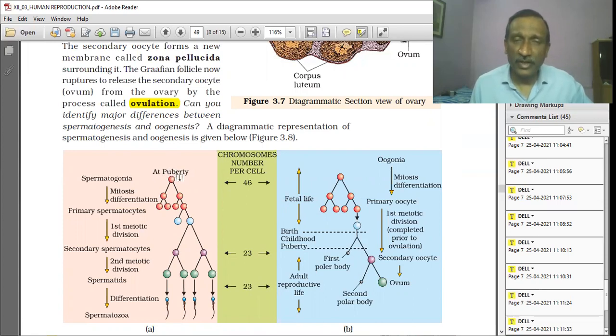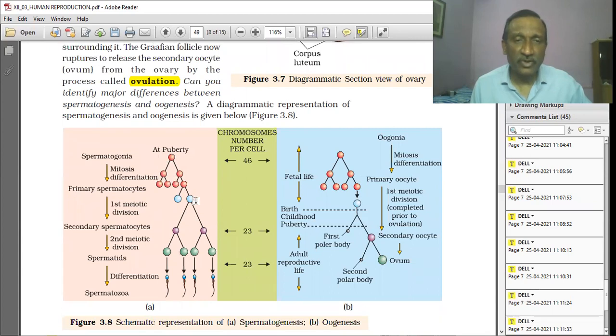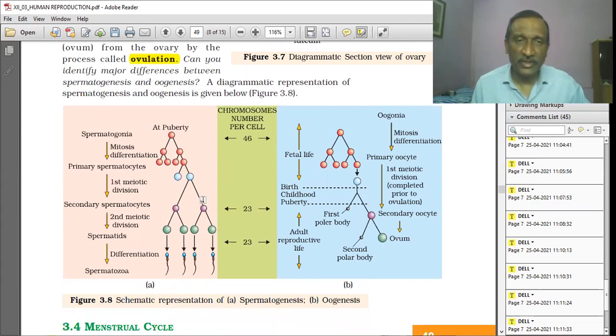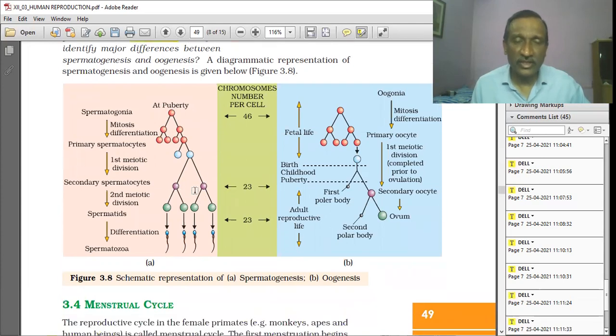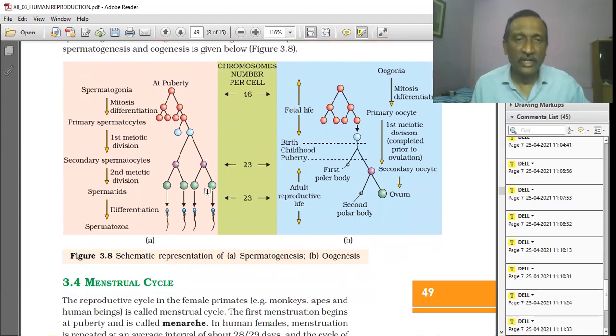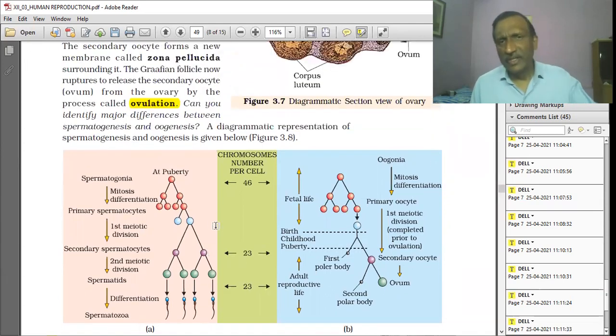The spermatogonia, primary spermatogonia, then it will divide by mitosis। बना काफी सारे बना दिए उन्होंने। उसके बाद ये primary spermatocyte है, that will undergo first meiotic division, equal है, दो spermatocytes बन गए। Secondary spermatocyte जो है that will again undergo second meiotic division, that will form four spermatids। Four spermatids will form the four sperms, जिनको हम spermatozoa कह देंगे। Very simple.